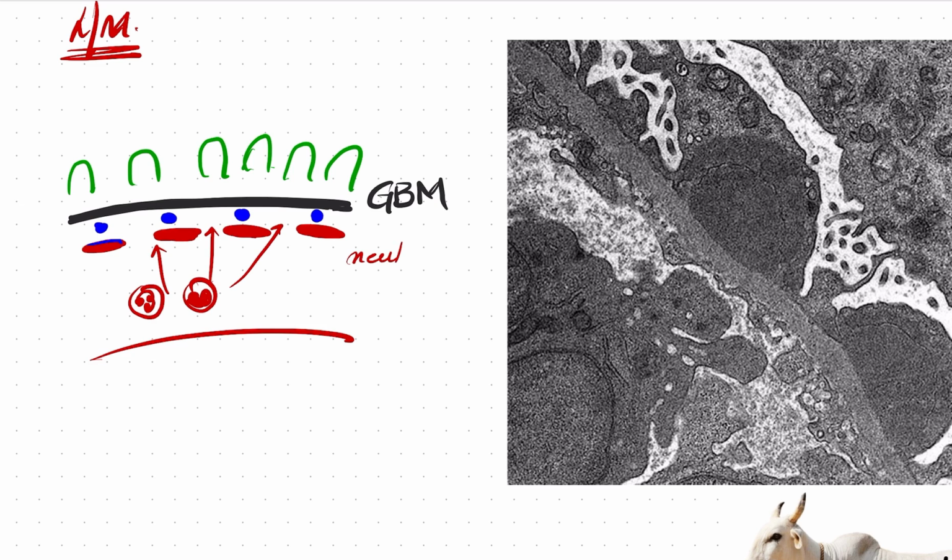The macrophages of the kidney are called mesangial cells. They come and infiltrate here under the subendothelium. Hence there is mesangial proliferation.